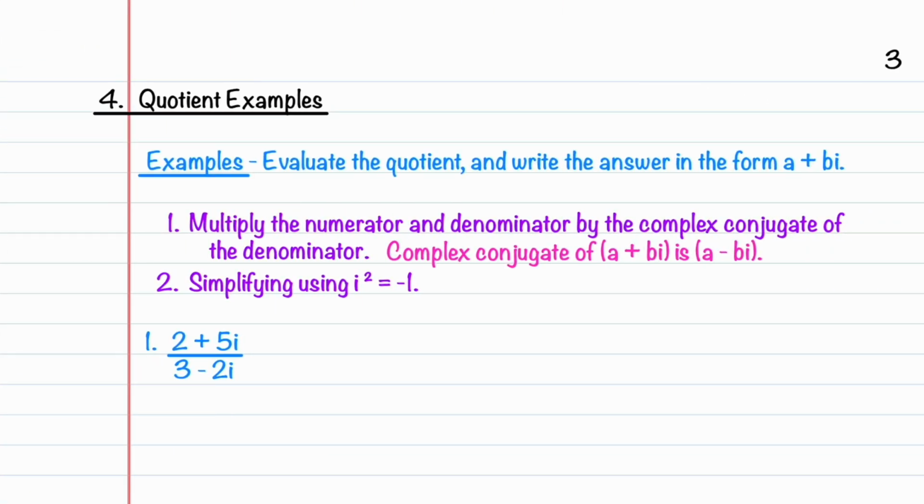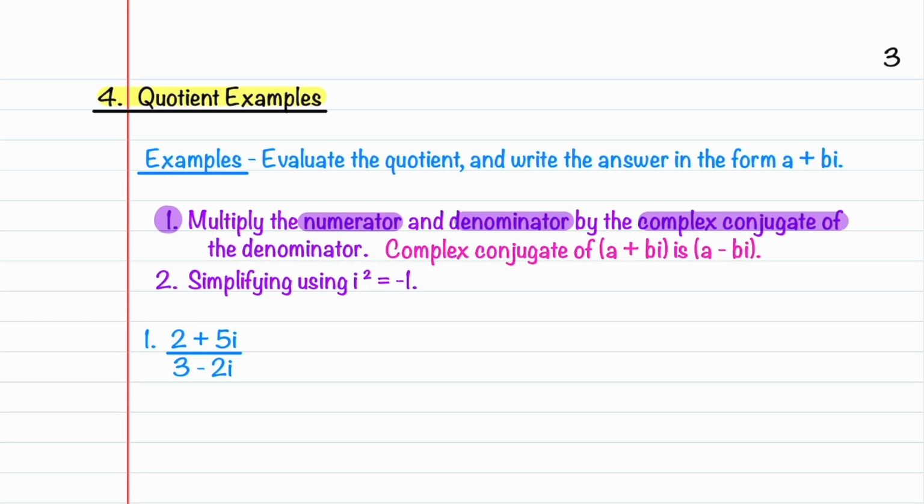Now let's look at some quotient examples. These are examples where we are going to have two complex numbers and we're going to divide them. These are hard, and I'm going to walk you through these step by step. When we divide two complex numbers, what we have to do first is multiply the numerator and the denominator by the complex conjugate of the denominator.